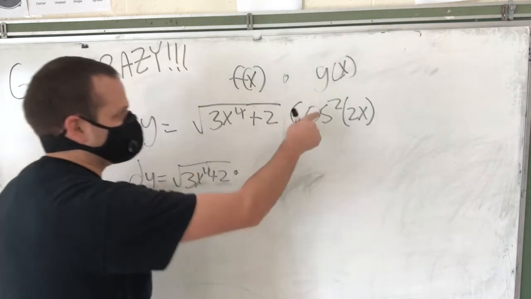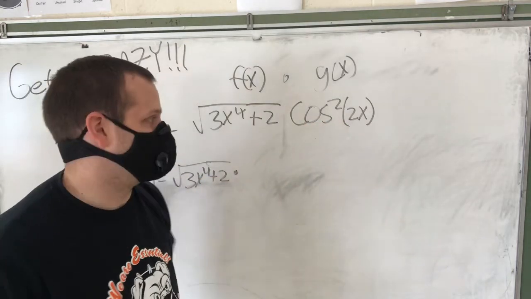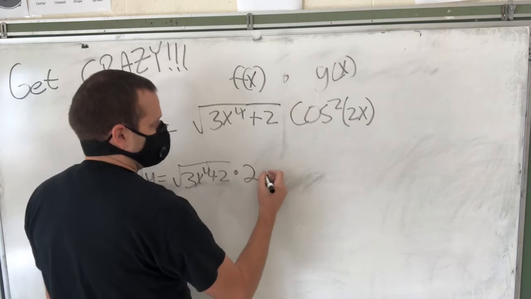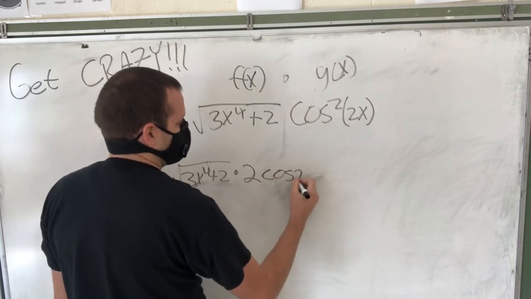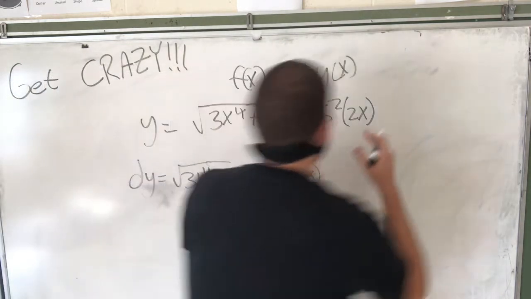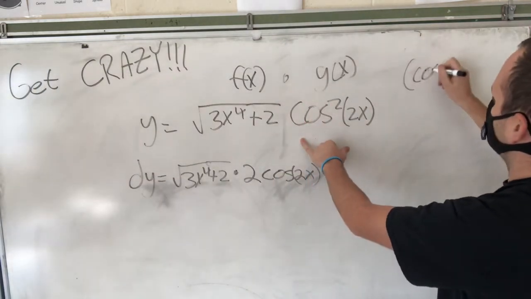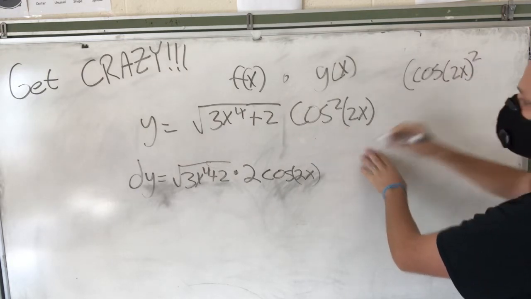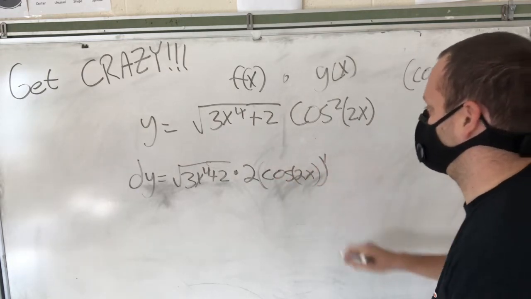The derivative of the second, we're going to use the chain rule on this, okay? So that's going to give me, I'm going to bring the 2 down, that's 2 cosine 2x times the derivative of the inside. Well, the inside was technically cosine 2x squared, okay? So we technically have a 1 on that.